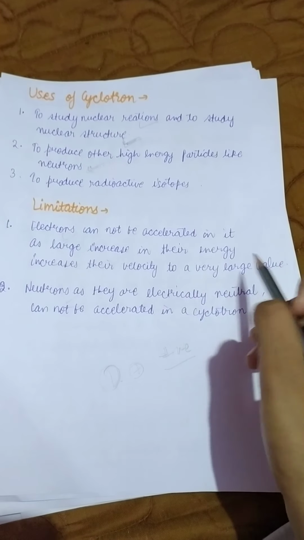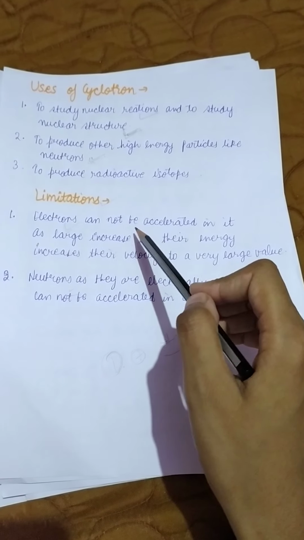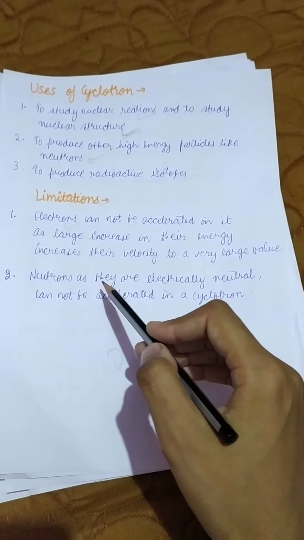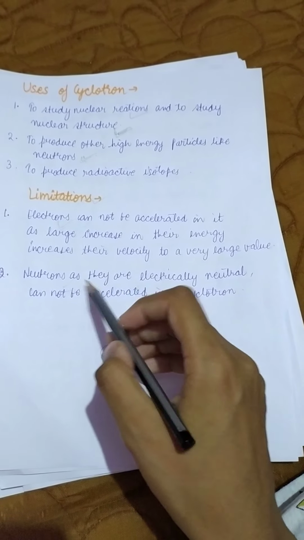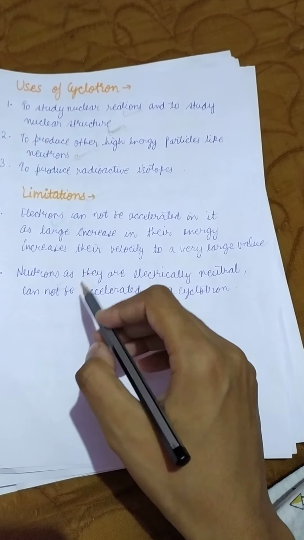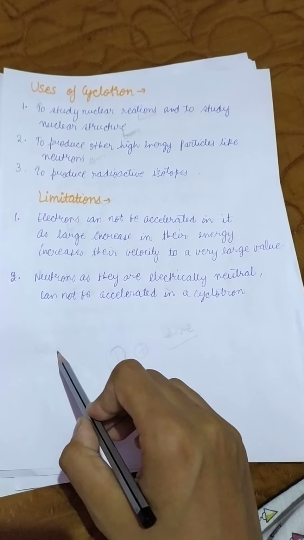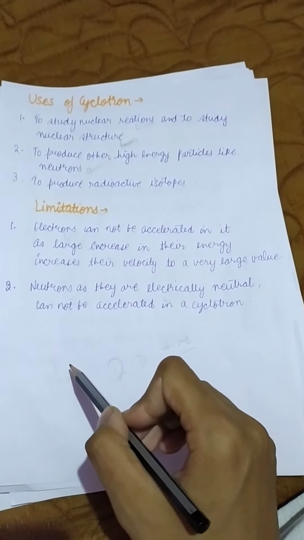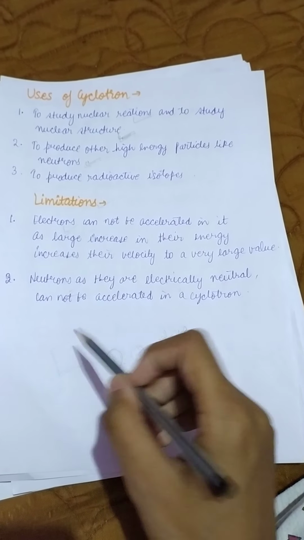So this is the limitation of the cyclotron, that we cannot accelerate electrons using it. The second limitation is that neutrons are electrically neutral, and the cyclotron is mainly useful for positive particles. Hence we cannot accelerate neutrons using the cyclotron.